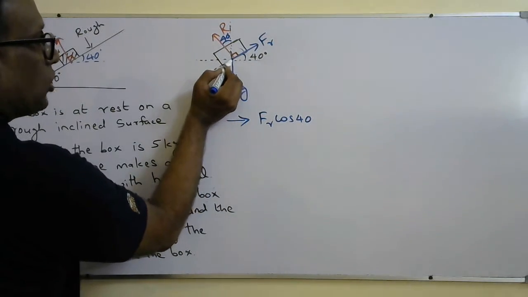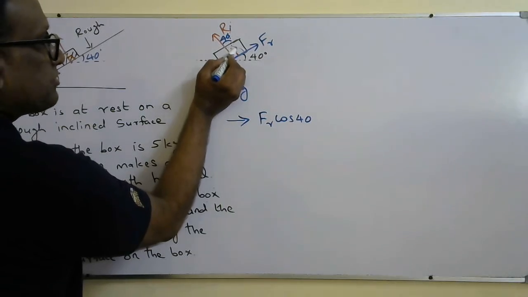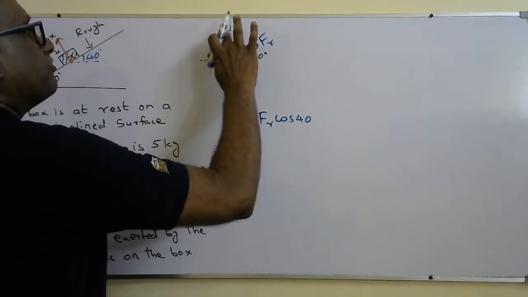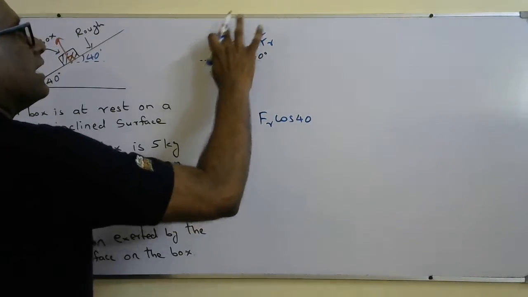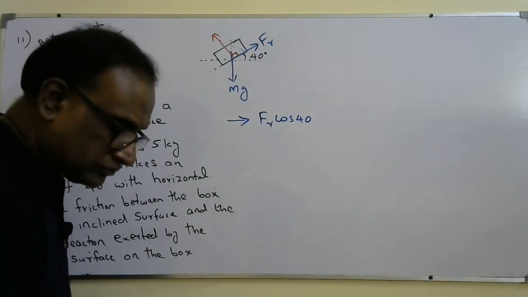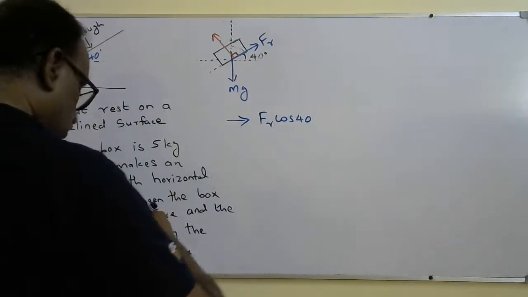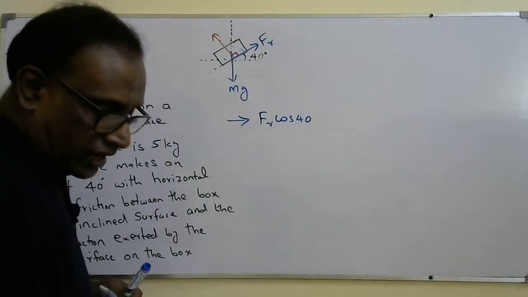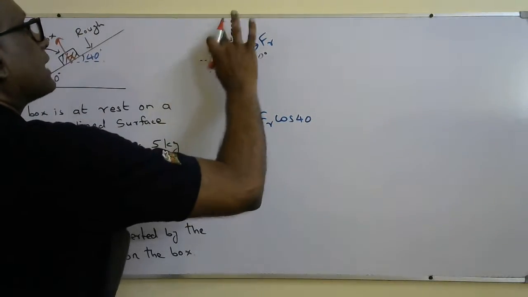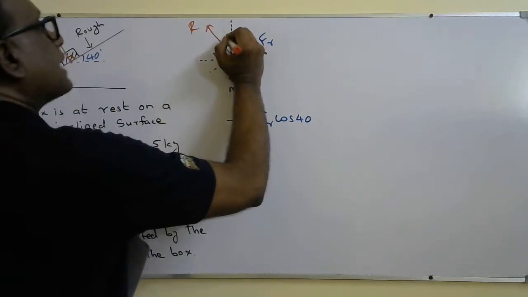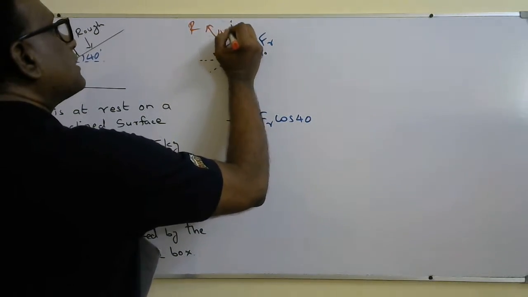Again, this and normal reaction are perpendicular. So this is 50 means this is 40. So the normal reaction makes an angle 40 degree with the vertical line. This is R, the normal reaction. It makes an angle 40 degree here.